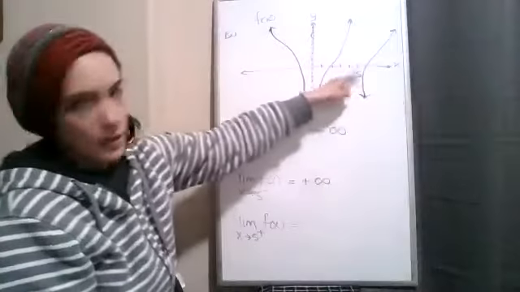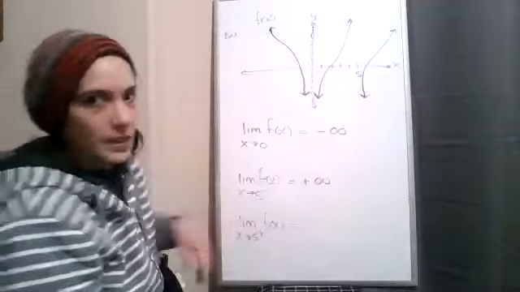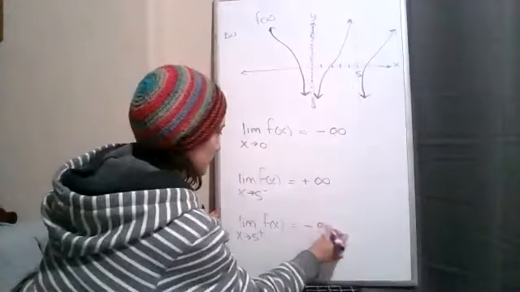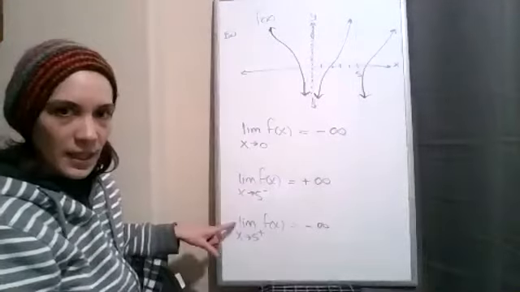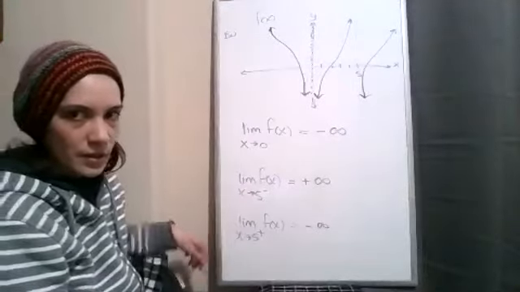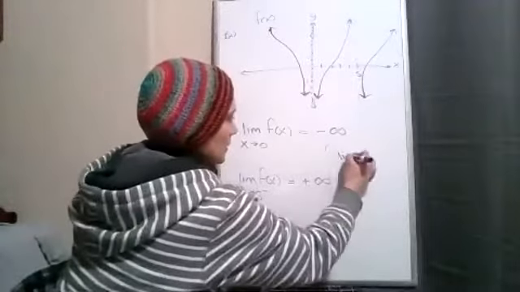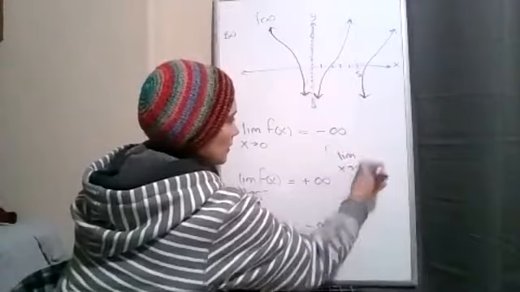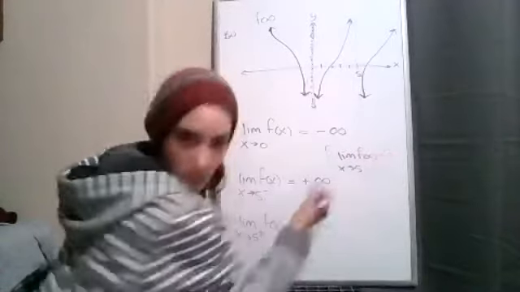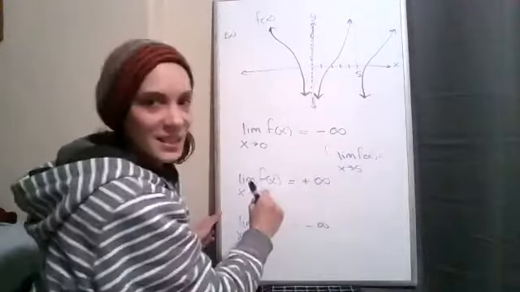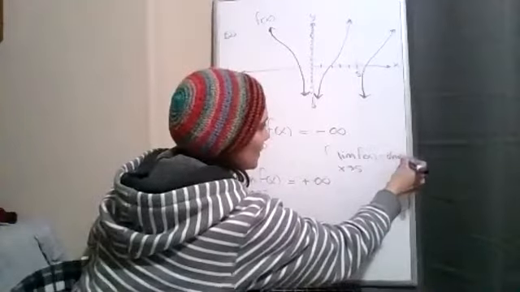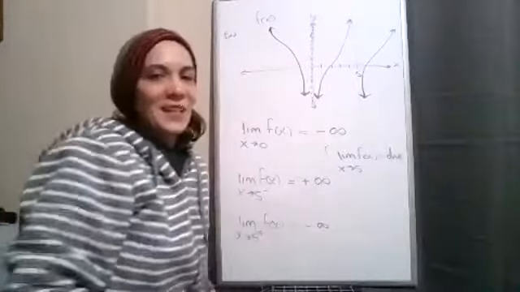Approaching 5 from the right, we're going down to negative infinity. Which means that the limit as x approaches 5 equals... would it not exist? Yes, does not exist. Thank you.